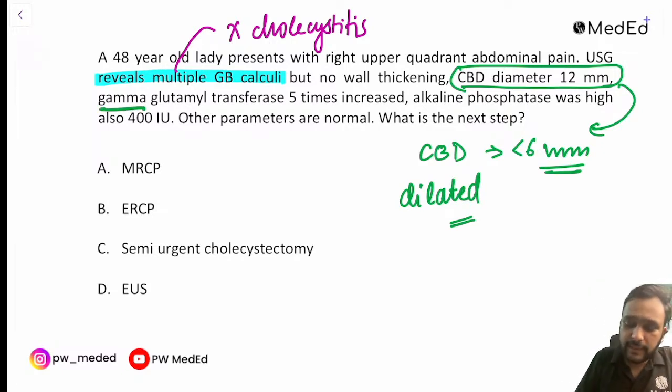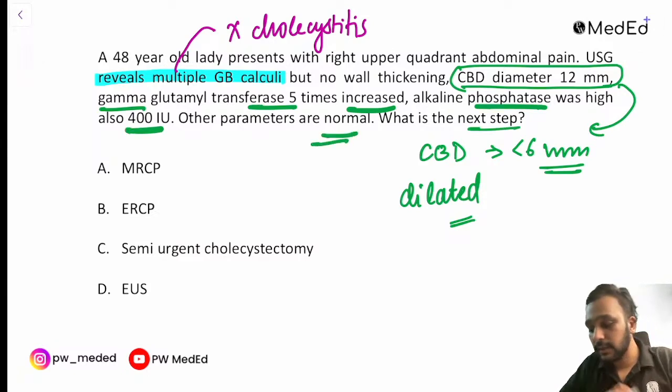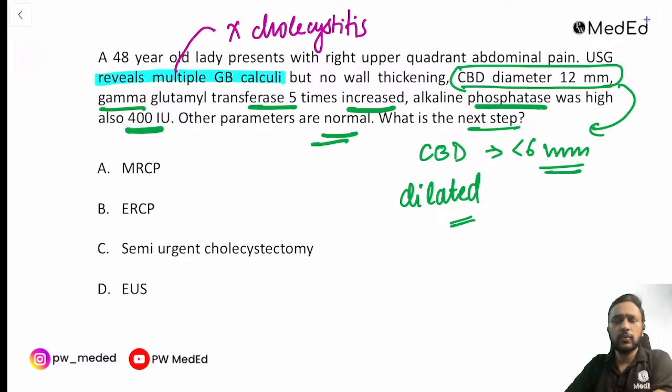And if you look at the various enzymes like your GGT, it is 5 times raised, ALP was high, and other parameters are normal. What is the next step? Very good question. So here we should know what we are suspecting. First we have to understand what we are suspecting in this case. Can anyone tell me?